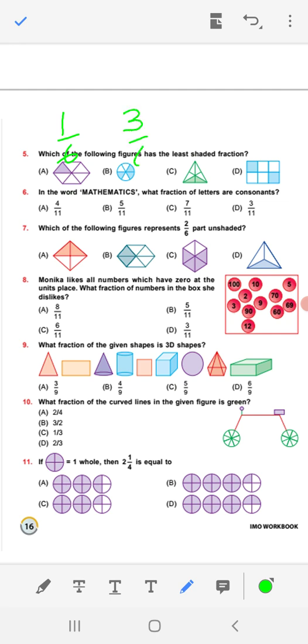So this is 3 by 6. C number, total 6 parts, 2 is shaded. So this is 2 by 6. And D number 6, out of them 2 is shaded. So 2 by 6. Which one is least? 1 by 6 is the least one. So option A is correct here.